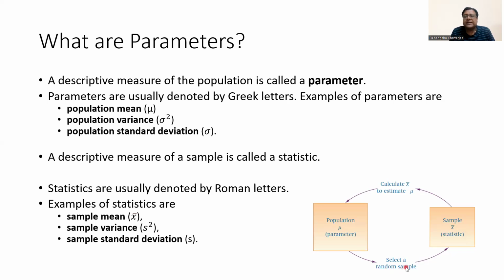So here we select a random sample from the population. So that is the difference between parameters and statistics. You should have a clear idea about what a statistic is and what a parameter is, when we call it a statistic, when we call it a parameter. So that's why we did this whole discussion about this slide.